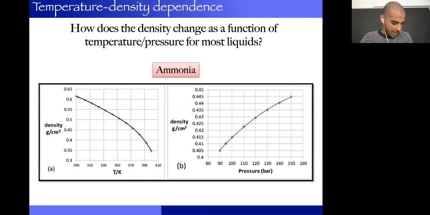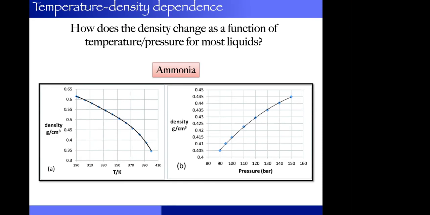Hydrogen bonds form a collective network, and breaking up a collective hydrogen bond network costs energy, which is missing in the other liquids. They're held together by much weaker forces.